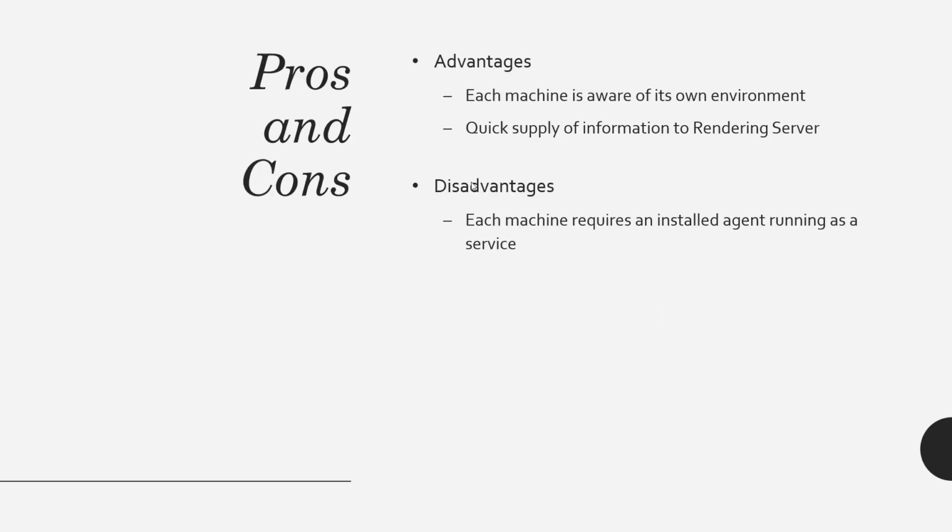The real advantage of the proposed solution is that each machine that resides on the network will be aware of its own environment and will store that information in a convenient way, which will allow it to quickly send that information to the server, which will be rendering the network graphs.